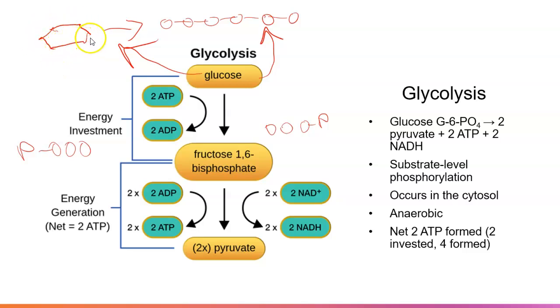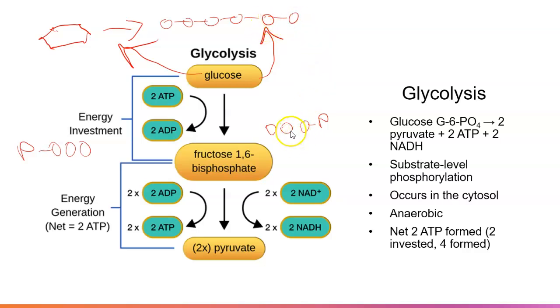Glucose is a hexagon-shaped molecule with 6 carbons. So instead of having a hexagon, I just drew circles to indicate those 6 carbons in glucose. So when we use this ATP to get the process started, we break this bond right here, and that gives us 2 chains of 3.